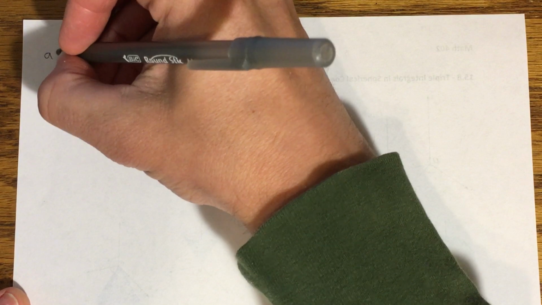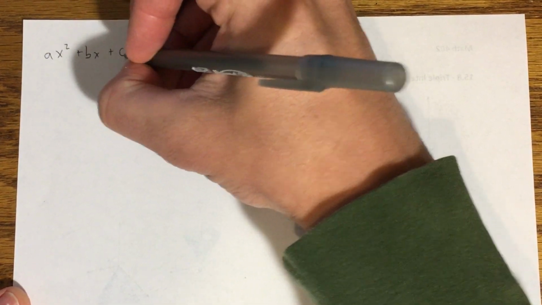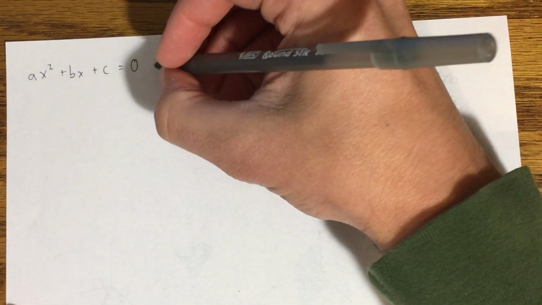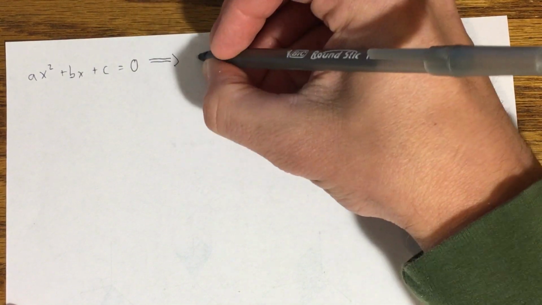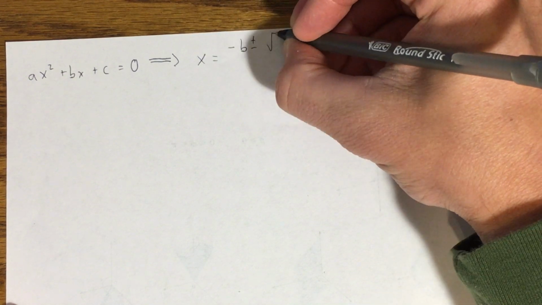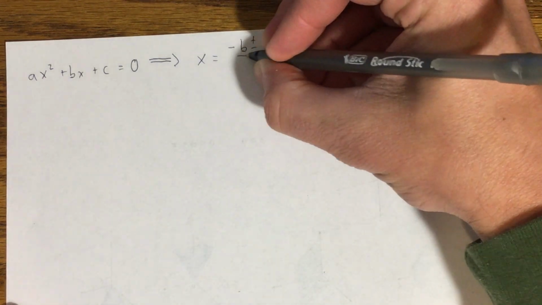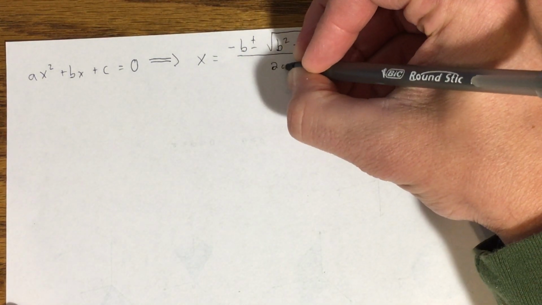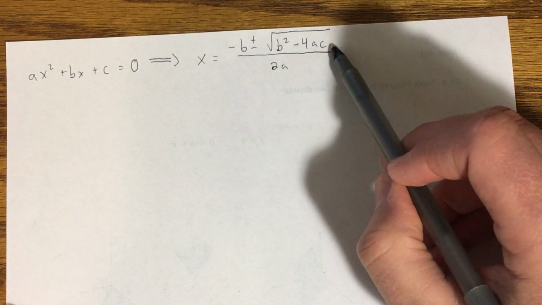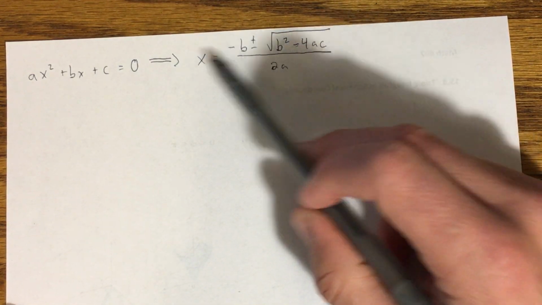If I'm trying to solve ax squared plus bx plus c equals 0, a quadratic equation equal to 0, then the quadratic formula says that my solutions will be x equals negative b plus or minus the square root of b squared minus 4ac all over 2a. Now, the expression under the radical, b squared minus 4ac, we call the discriminant of the quadratic equation.